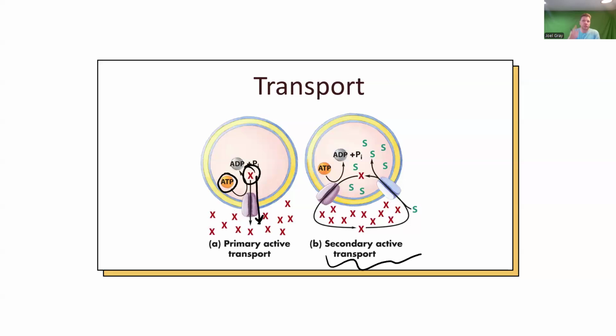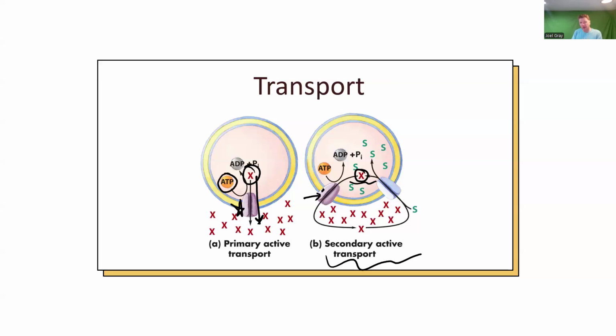Then we've got secondary active transport. Secondary active transport consists of two enzymes. One of them is moving X from a low concentration to a high concentration. The other enzyme is doing two things. So this first enzyme is not so different from this one over here. It's using the hydrolysis of ATP to drive X from a low concentration to a high concentration.